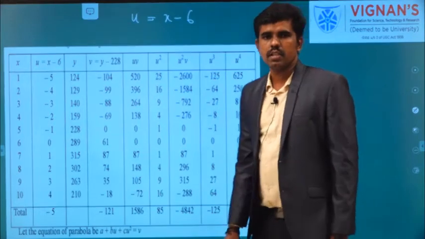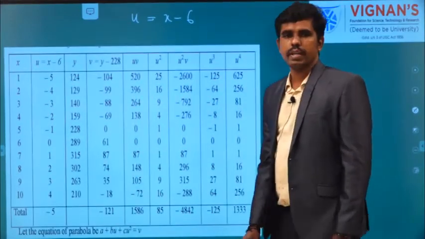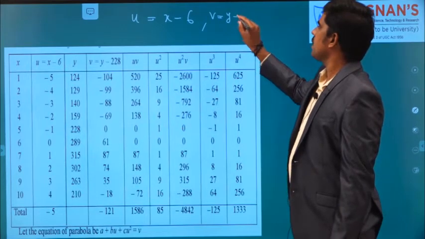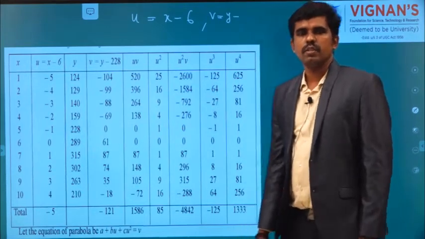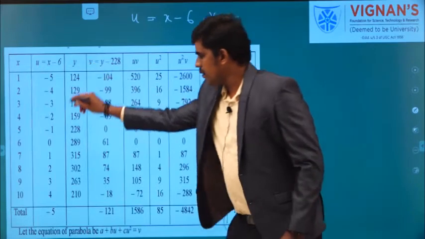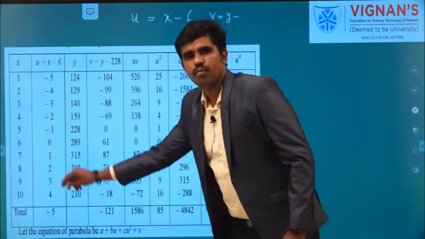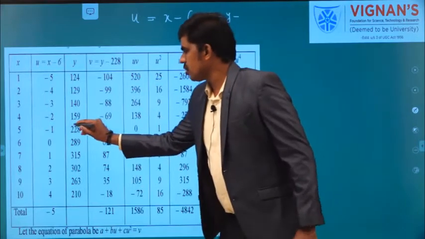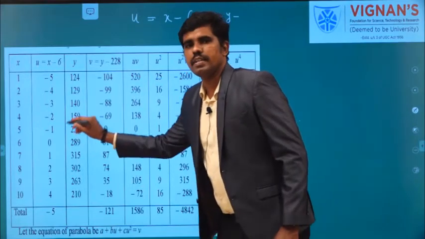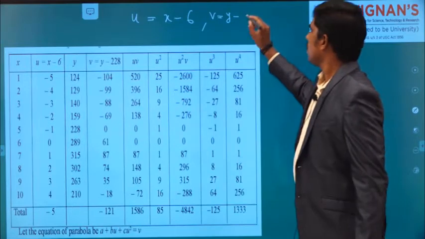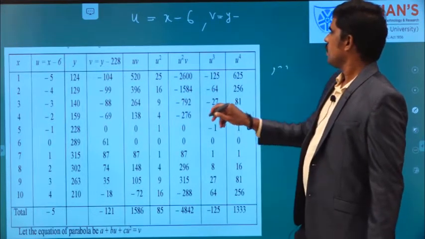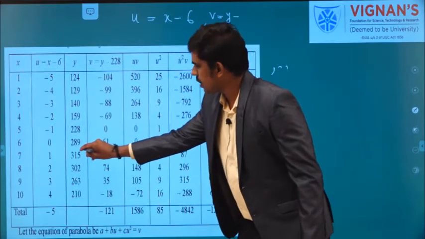Okay, you will get 6. So I am assuming u is equal to x minus 6 and v is equal to y minus what value am I going to write? You find the average value of y, you will get some value, that's 228. It's your wish, you can assume 289 also.